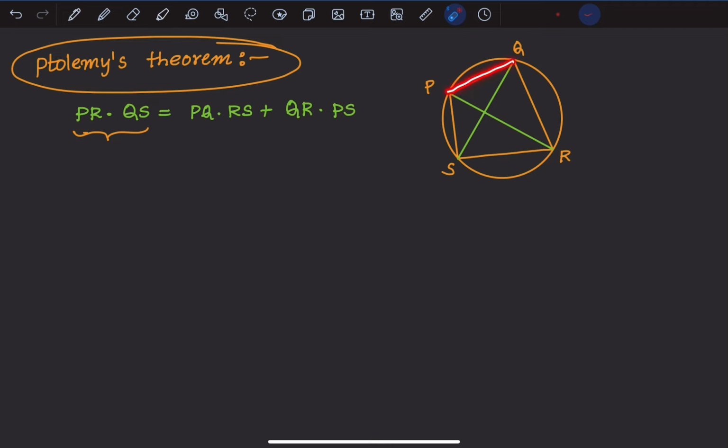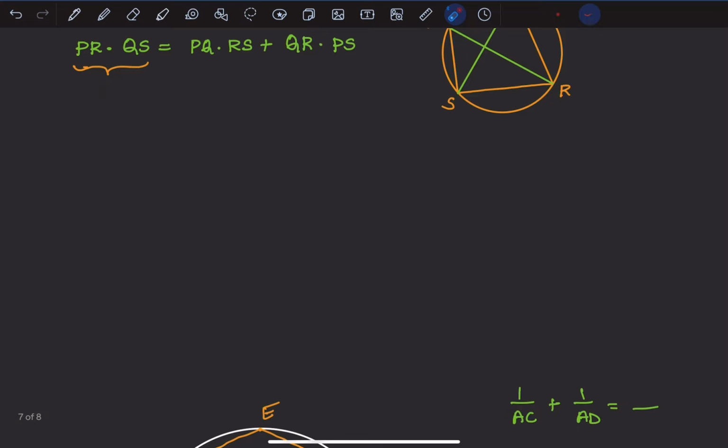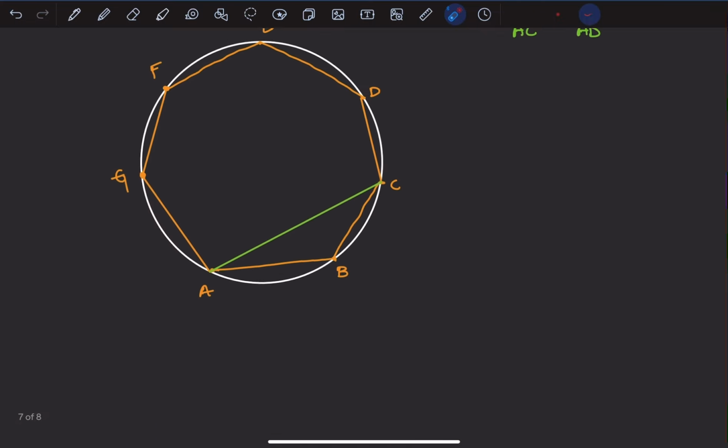You take the product of these two sides, PQ times RS, and the product of the other two opposite sides, and add them up. This sum is equal to the product of diagonals. So this is Ptolemy's theorem. Now let us apply it and try to solve this question.